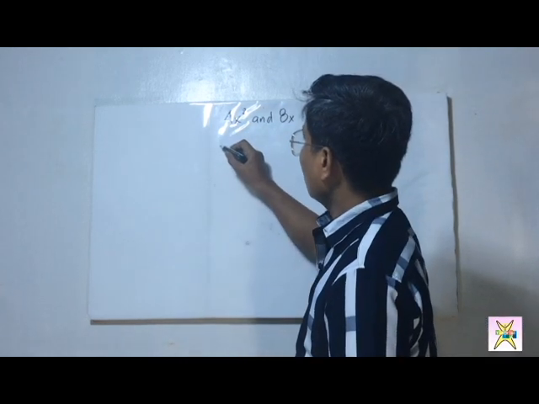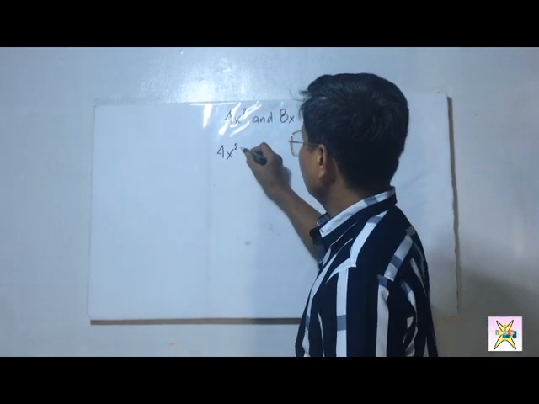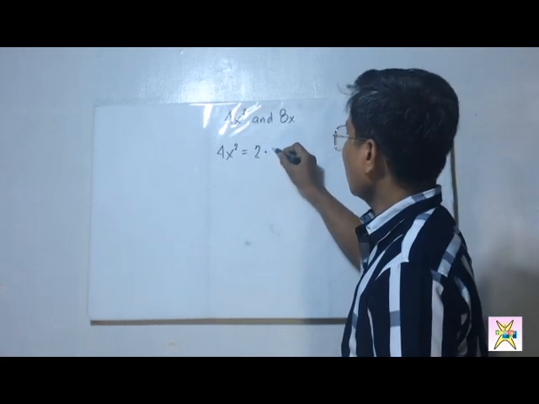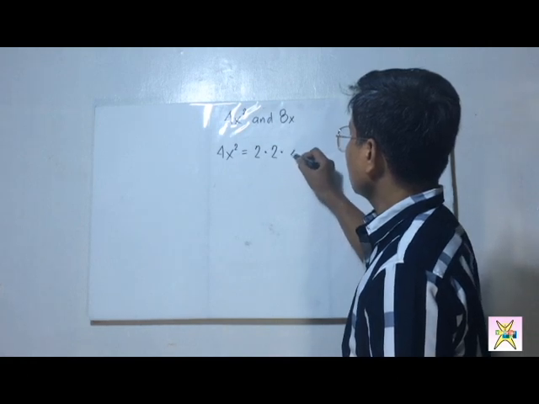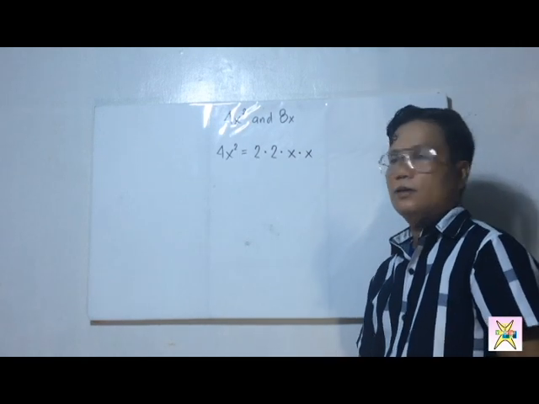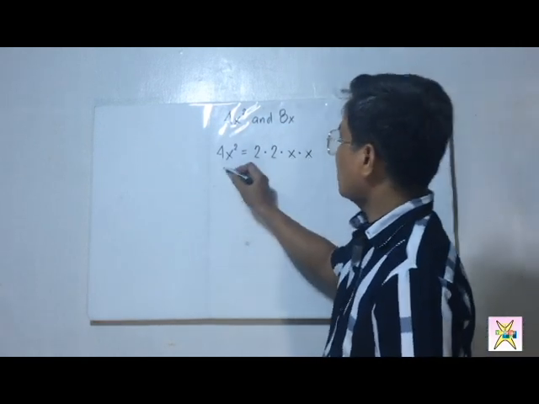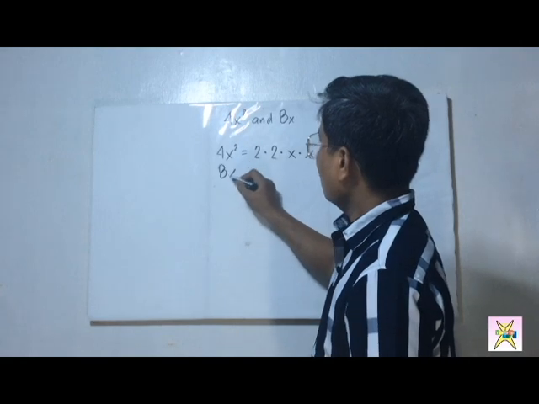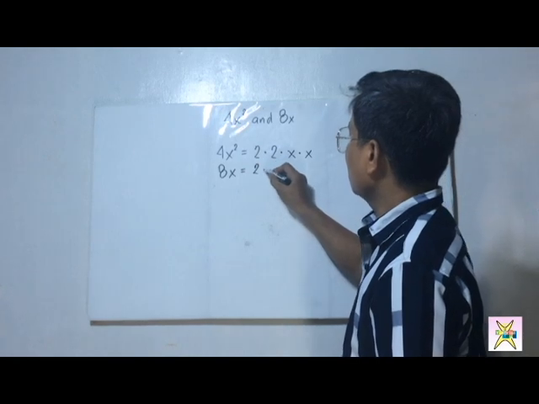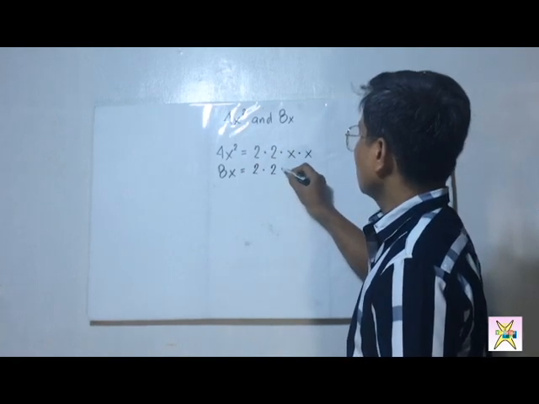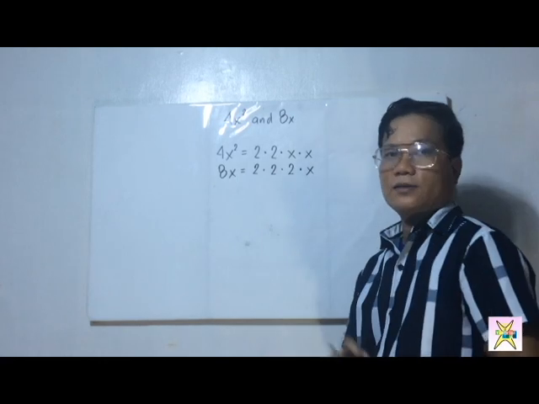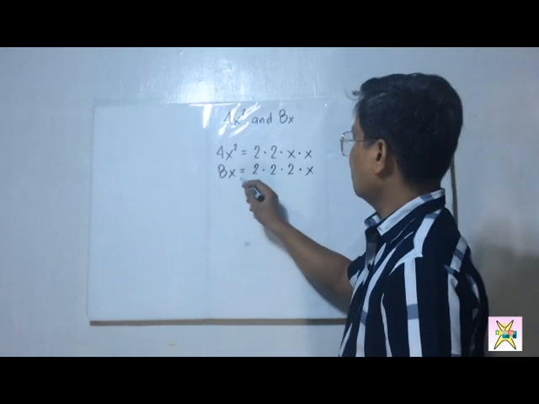The prime factors of 4x squared are 2 times 2 times x times x, while the prime factors of 8x are 2 times 2 times 2 times x.